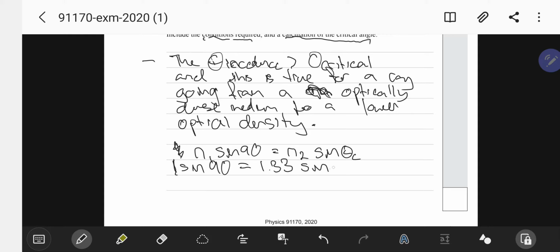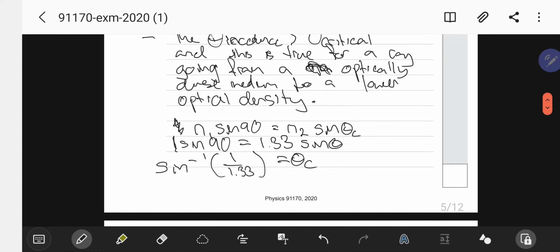So this is going to be inverse sine of 1 over 1.33 equals the critical angle.